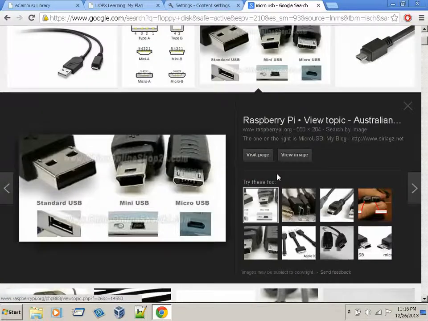And then they had the USB B, which is for like printers and scanners and things like that. And then there was mini USB, as you can see in this picture, and that would be for like digital cameras and not many smartphones anymore. Most of them are micro USB.